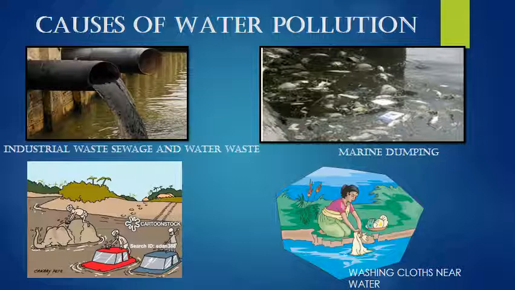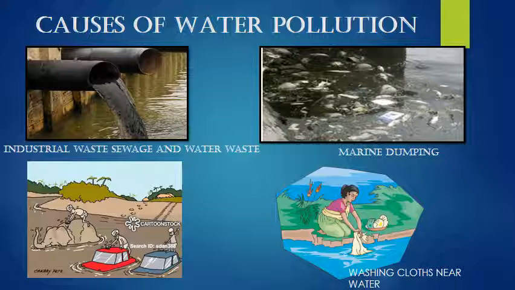As we all know, when we go for a picnic near the river or a lake, we have a habit of having a lot of drinks like Coca-Cola, Thums Up and all. So when the bottle is finished, we throw the plastic bottle into the water.